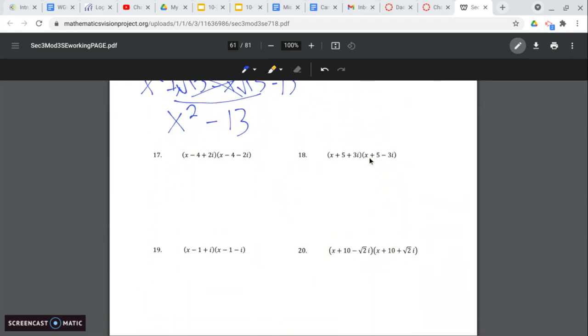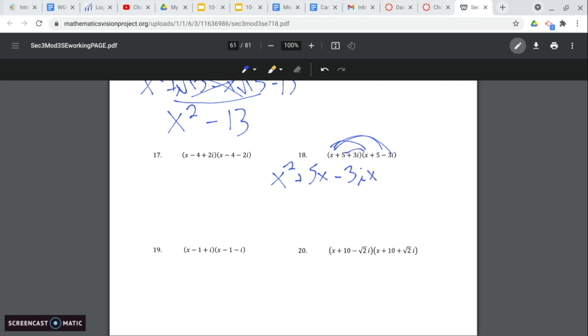All right, when we have an i in there, it makes it slightly more complicated, obviously, because we've got three things inside. So we're taking x times x, which will get us x squared. Then we take x times 5, so plus 5x. Then we take x times negative 3i, so minus 3ix.